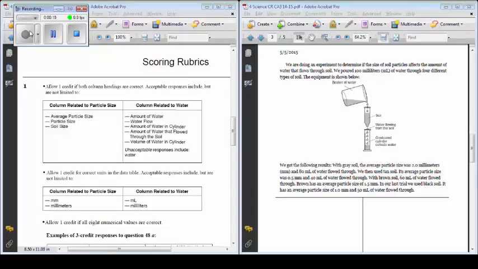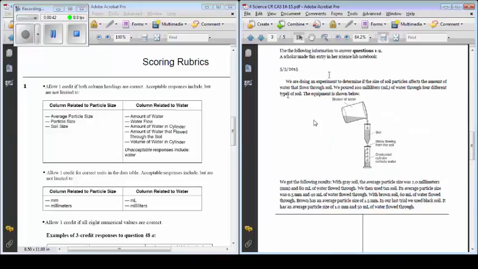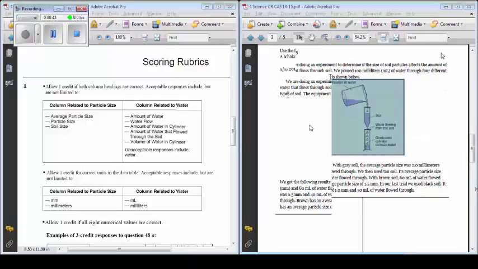So as we get started, you'll see that on the left-hand side I have the scoring rubric, and on the right-hand side I have the actual constructed response that scholars filled out. Starting with number 1, it gives scholars a scenario that was written by a scholar, and the experiment has to do with soil particle size and how water flows through the soil.